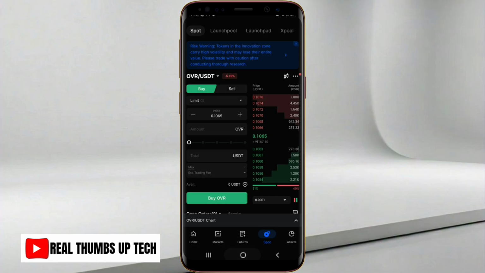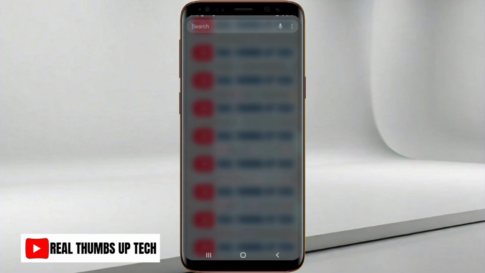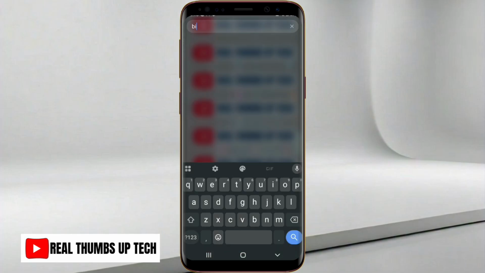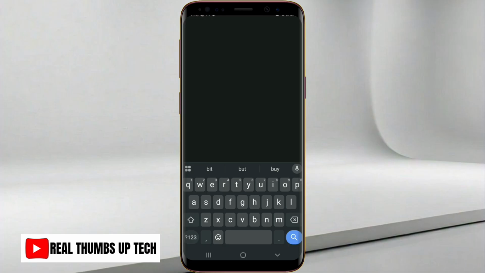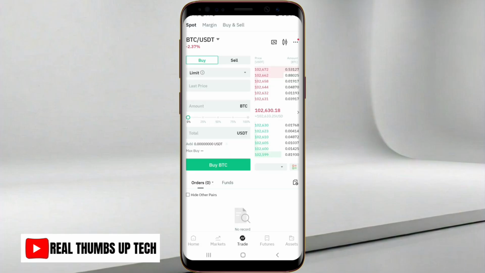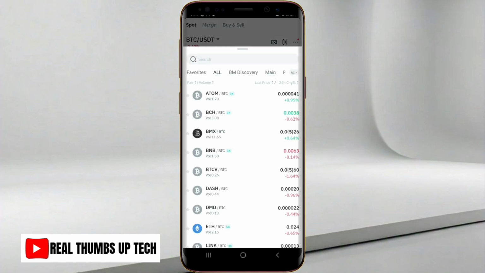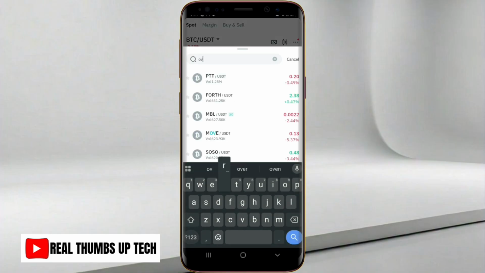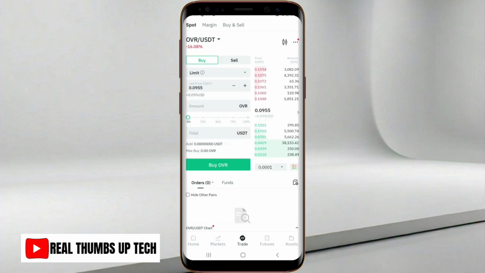Okay, let me open another exchange like Bitmart, because they listed many exchanges there. So let me open Bitmart. This is Bitmart, and I'll go right here to select OVR. I select OVR, and here we have it.